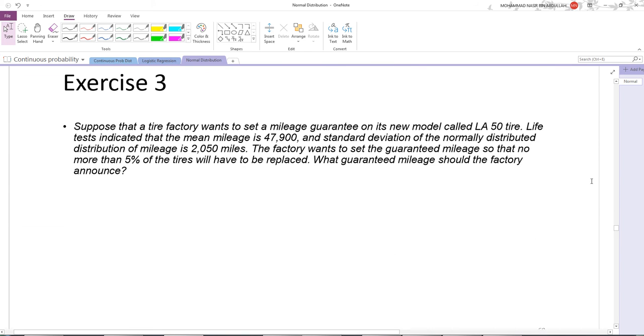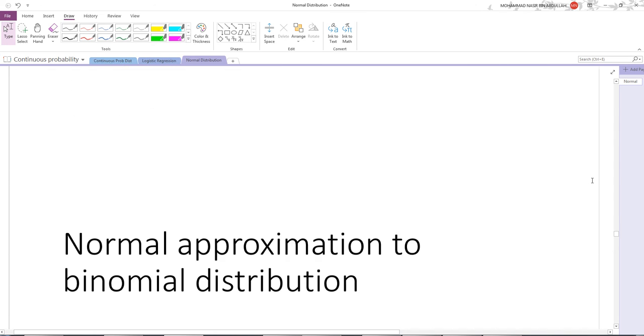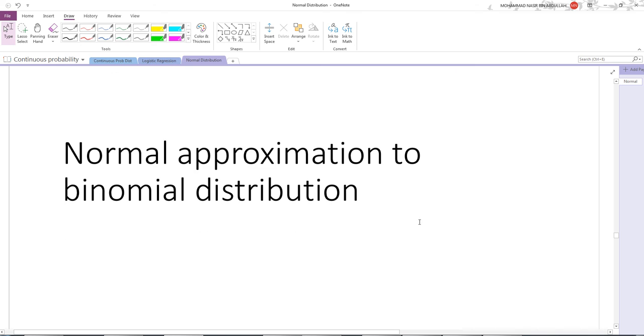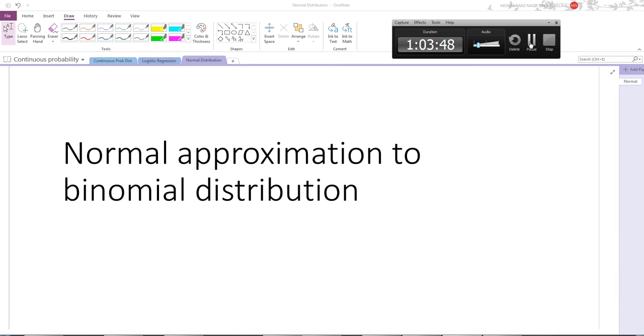Exercise number 3. And that's all. Later we will go into normal approximation to binomial distribution. We rest for 10 minutes, okay?